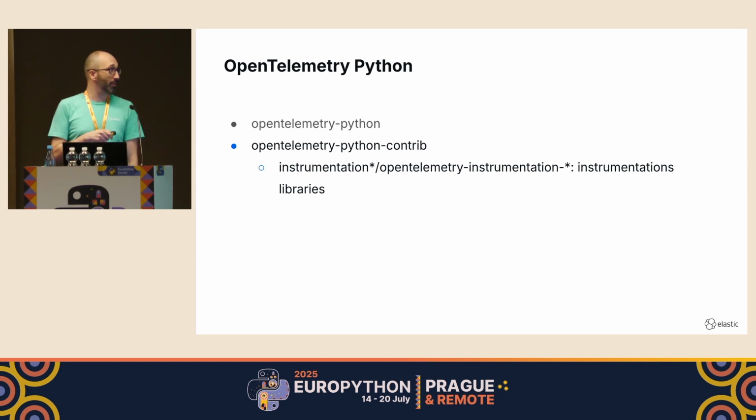We also have some GenAI instrumentation in the instrumentation-genai directory. If you go on the PyPI package repository, you also see other packages named with this pattern, but unfortunately they are not distributed by us.